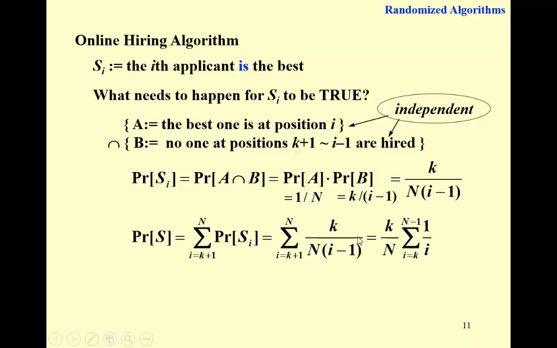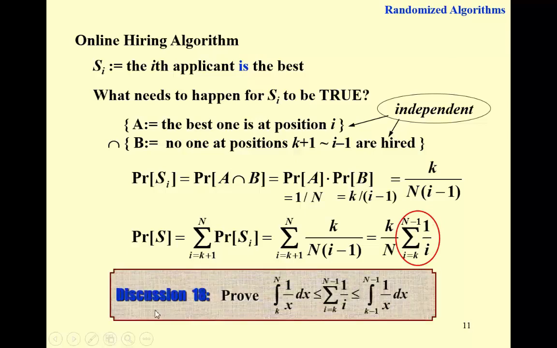And to sum them up, since k and n have nothing to do with I, we can take them out as a common factor. And here again, we see this sum of 1 over I. So the next question is, what is this part?